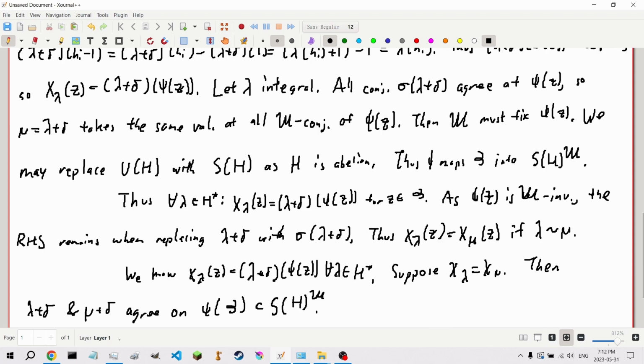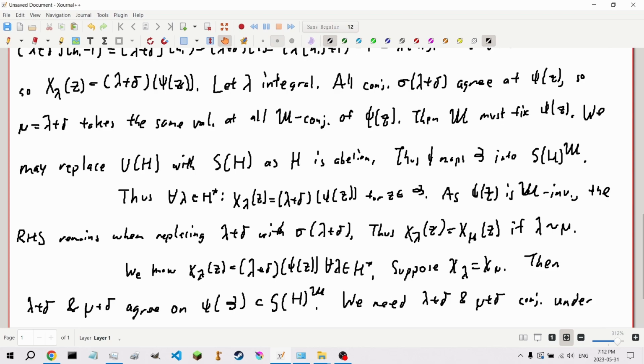Now, to prove our theorem, we need lambda plus delta and mu plus delta conjugate under the Weyl group.